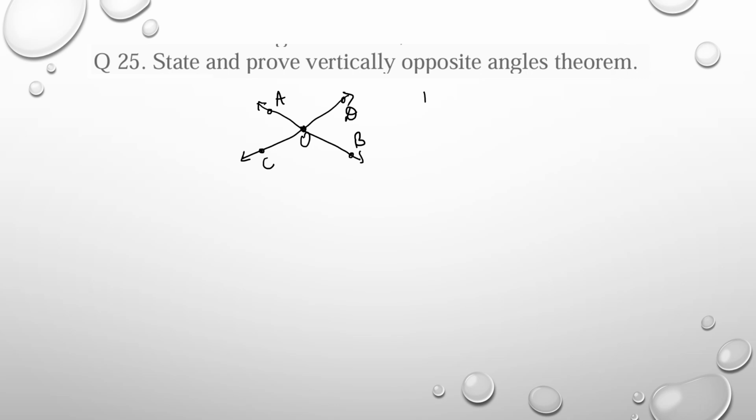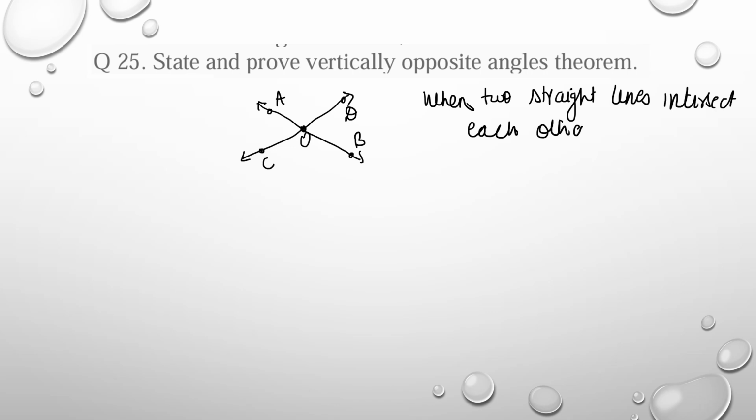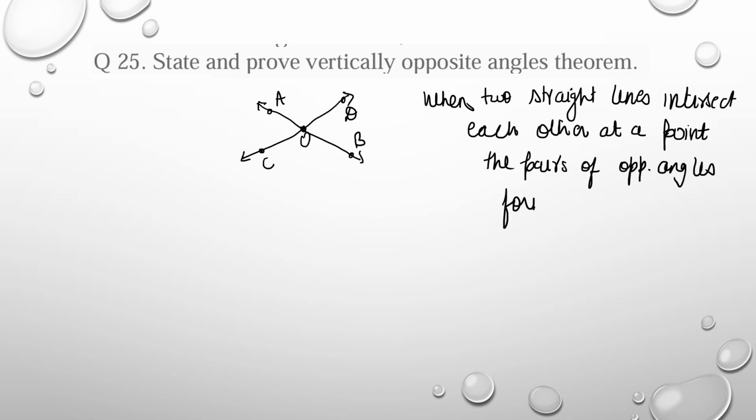So the statement says: when two straight lines intersect each other at a point, that point is O, the pair of opposite angles formed are equal.